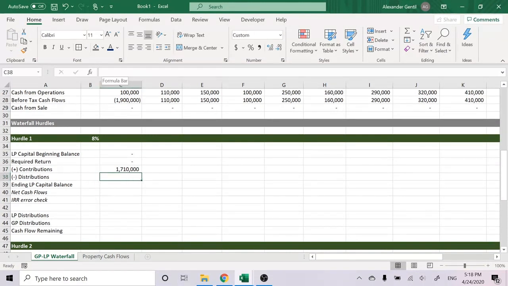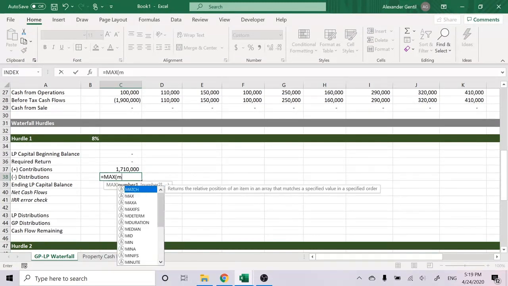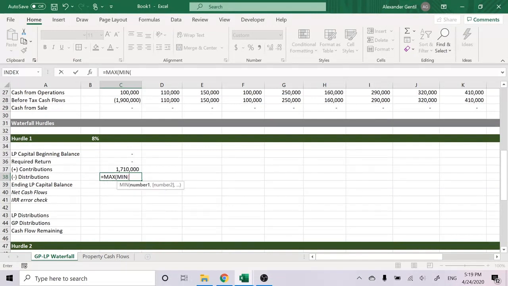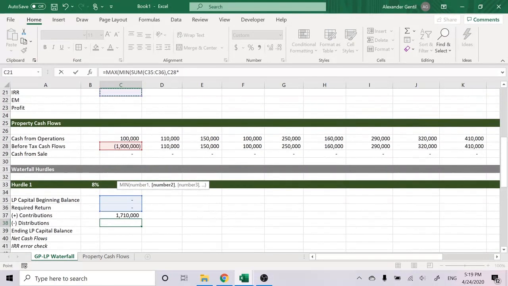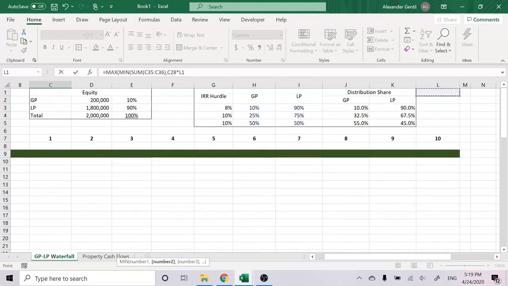Okay. So distributions. So we want to make sure that partner meets his return as soon as possible. So we're going to use the following formula. The minimum between the sum of these two values and this value multiplied by that partner's pro rata share up here.